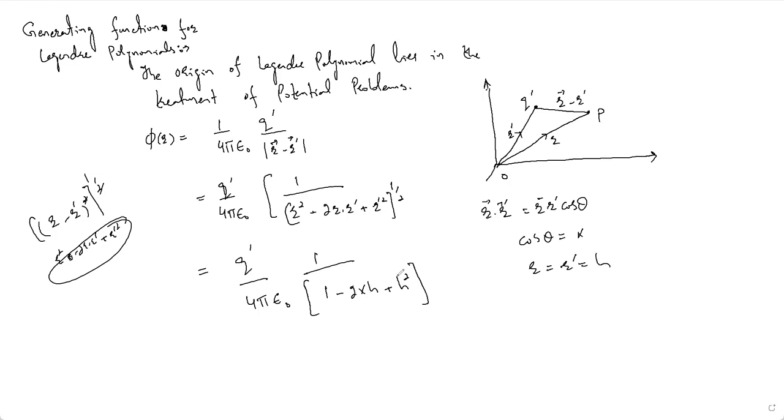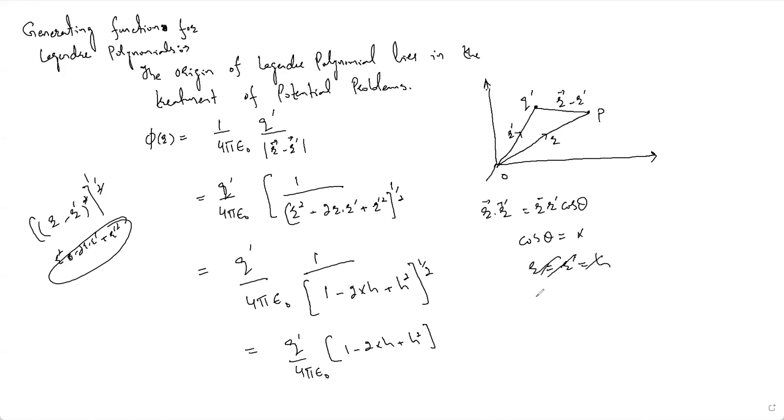Is it okay? Or I can write this as Q dash divided by 4 pi epsilon naught, which is some constant, times 1 minus 2xh plus h square raised to some power.